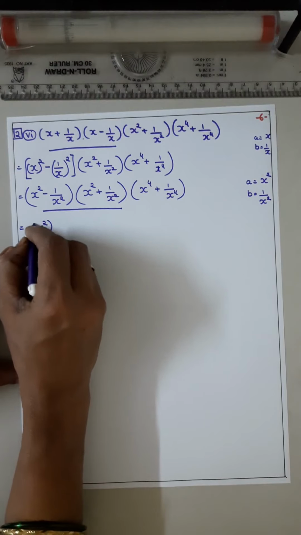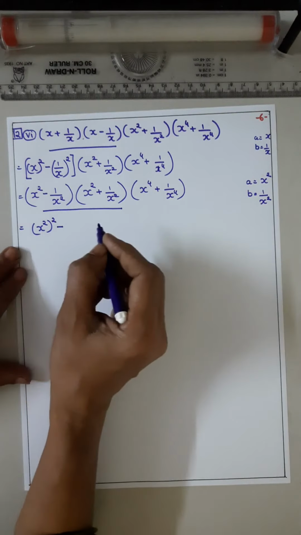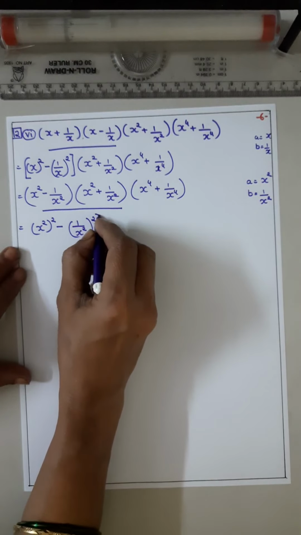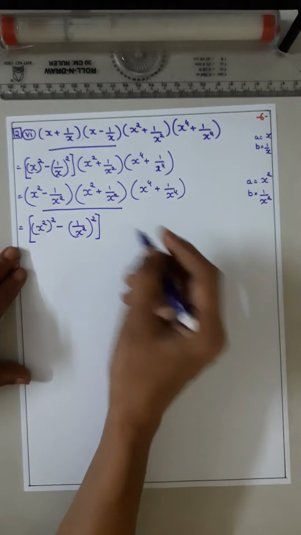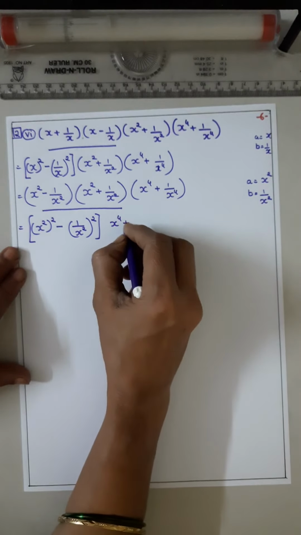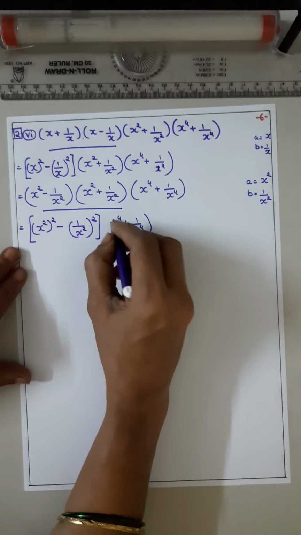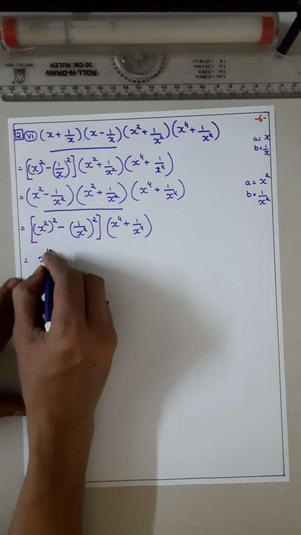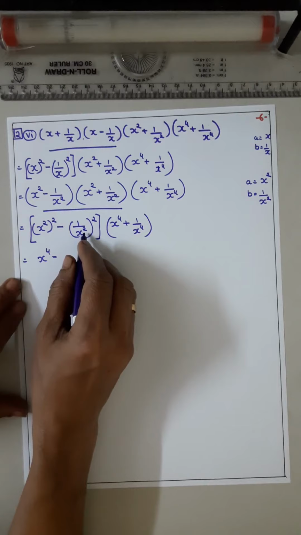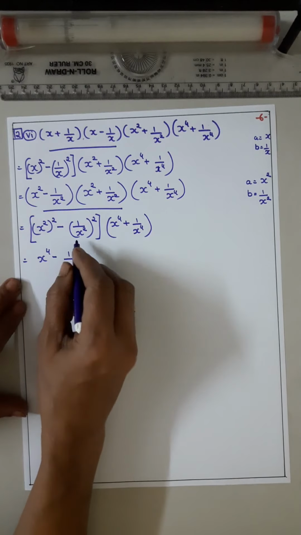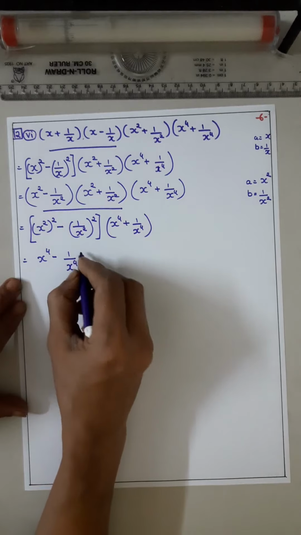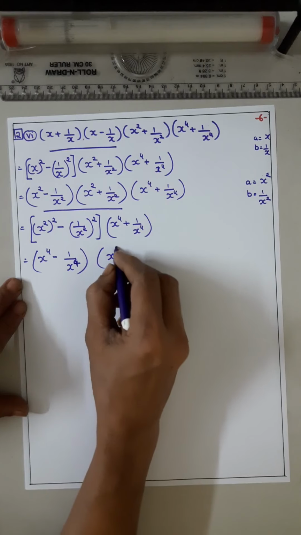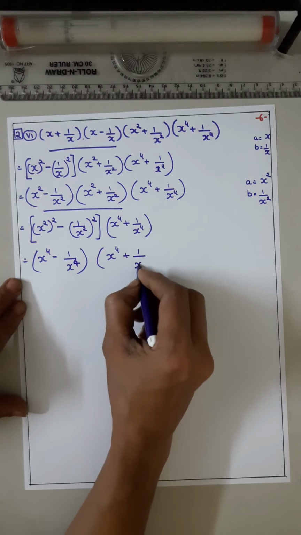X squared the whole square minus 1 by x squared the whole square. This is within the square bracket. Now you got x to the power 4 plus 1 by x to the power 4. Now open this. This became x to the power 4 minus 1 by x squared the whole square, x to the power 4. Now x to the power 4 plus 1 by x to the power 4.